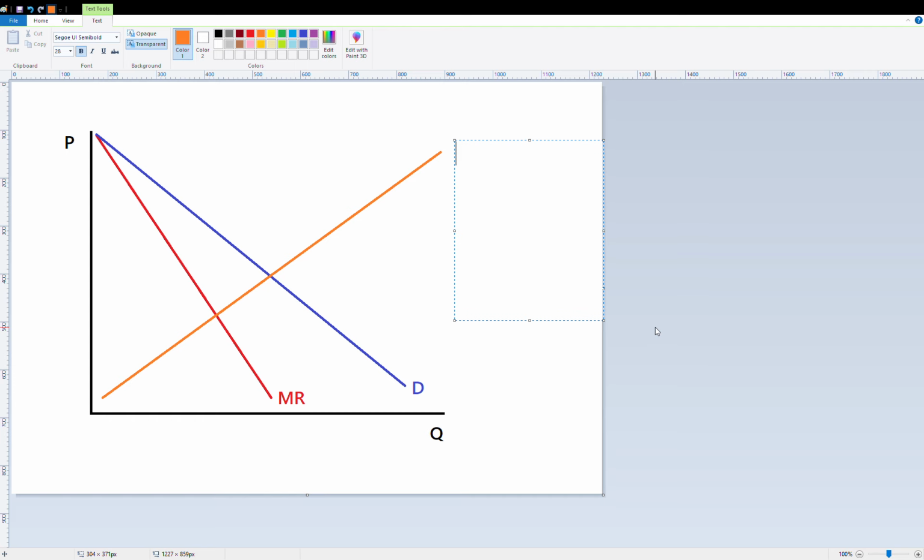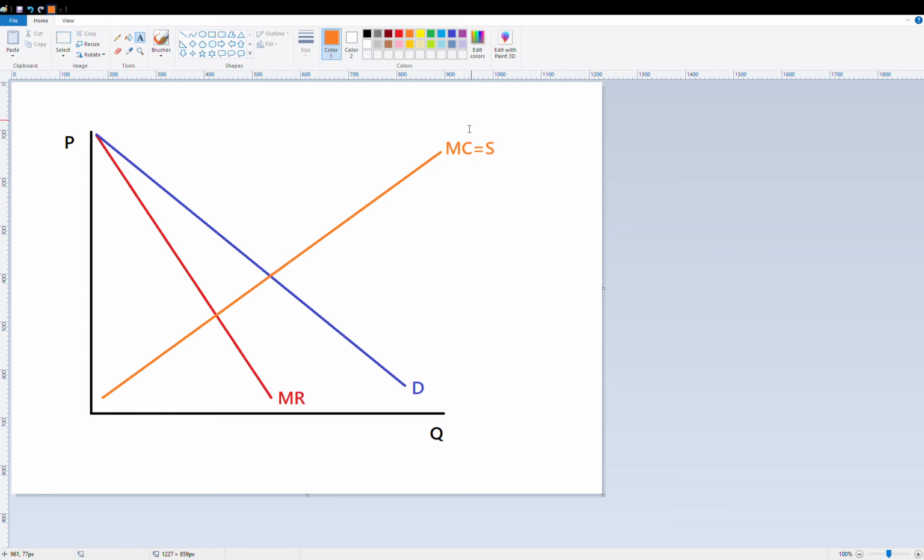So MC is equal to S. And don't forget there's also an ATC, like every firm has. The ATC is always at its lowest point when it hits the MC.